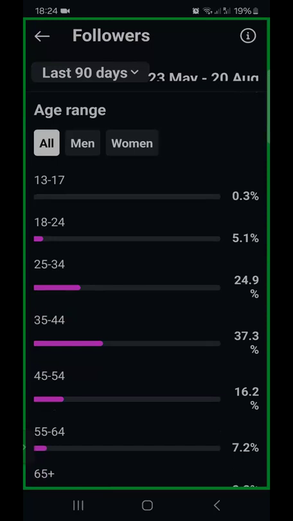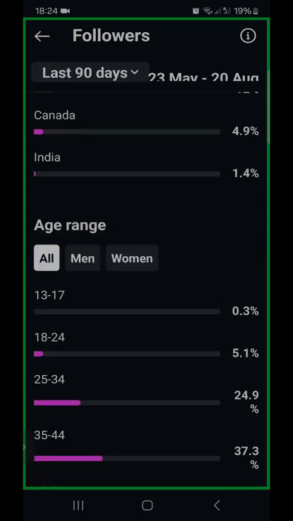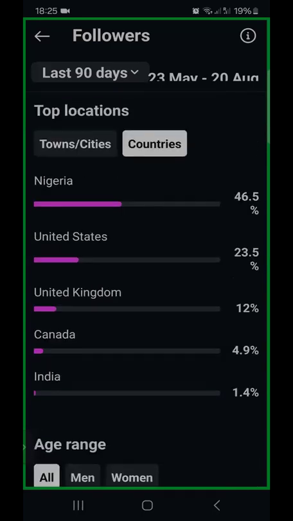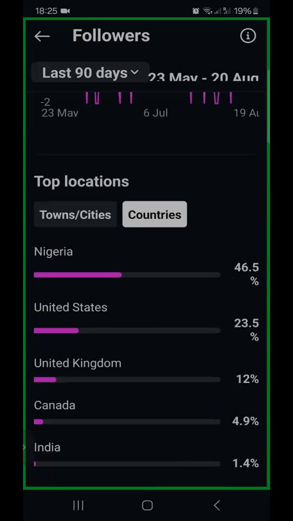So for a business, you need to look at the highest age range that we have in our insights. Is this what we're looking at in terms of our target audience for our business? The location, is this what we're looking at in terms of the target audience for our business? So you need to look at all of this in terms of your business goals and target audience.